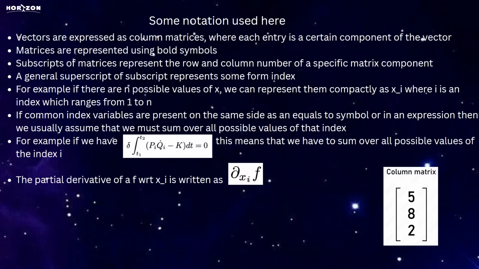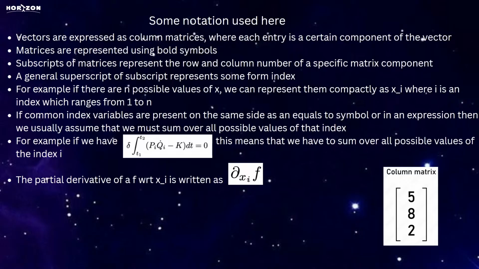Next, the partial derivative of a function f with respect to its independent variable xi is written in the following form. This inverted 6 that you see is called del, and this is a way of writing the partial derivative of f with respect to its subscript, that is xi in this case.